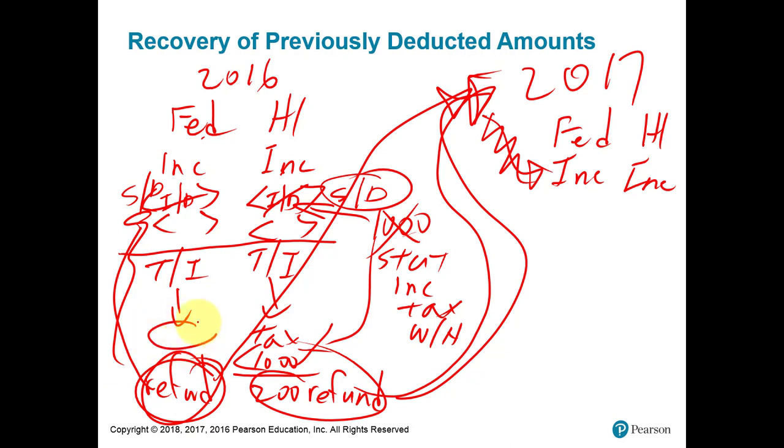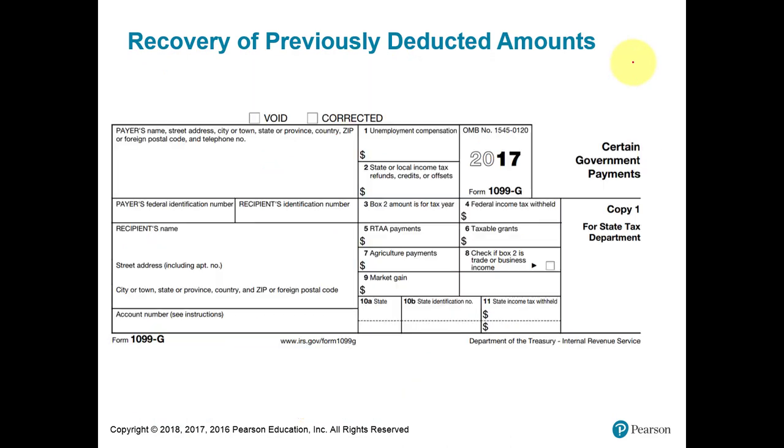You may have reduced your tax like we did here, but you didn't use it as a deduction. You have a prepayment or a credit when you pay the federal tax. Any excess you get back is non-taxable, unlike a possible state refund. Okay, so that's recovery of previously deducted amounts. That's reported to our taxpayer on a Form 1099-G, G for government, and here's your refund.